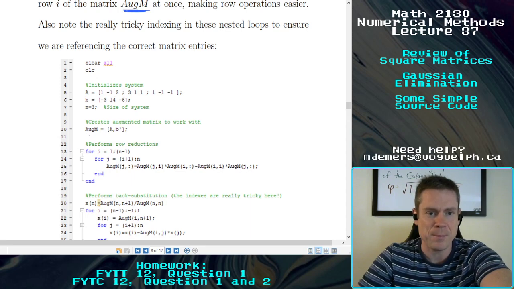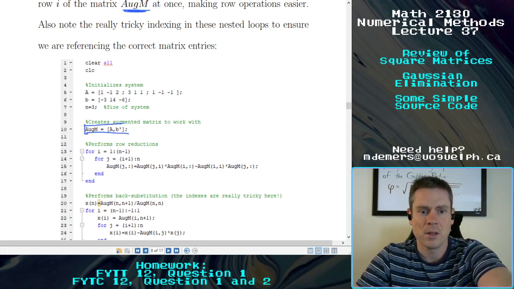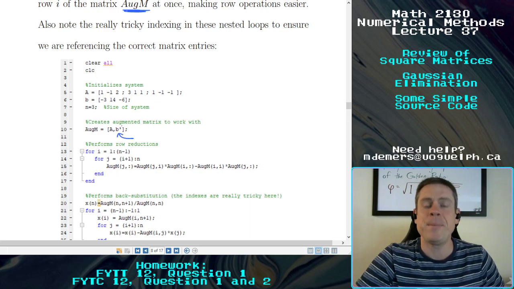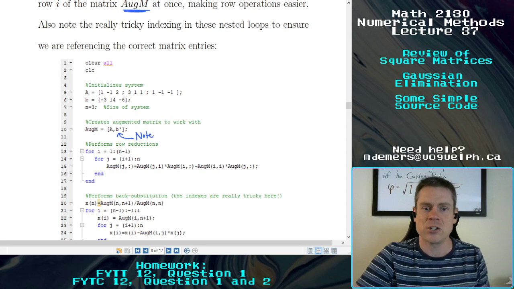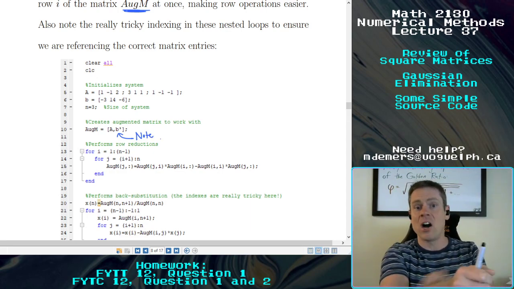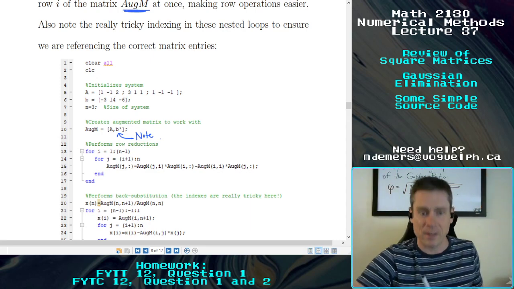This is just me making an augmented matrix out of the different variables that are there. Notice that I have a B with a little tick mark. That's to give me the transpose to make sure that I'm using the right kind of vector to augment the matrix, so that it doesn't get appended on the bottom. It gets appended on the side instead.